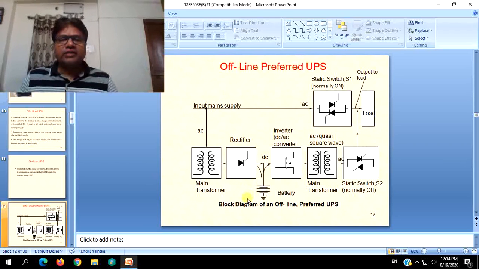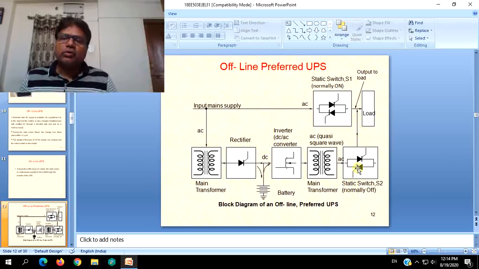That is the rectifier. The output of this rectifier is again given to two paths, one to a battery and another to an inverter. But as this is an offline preferred UPS, the output of this rectifier is given to the inverter, but it is not fed to the load, as the static switch S2 is normally off.